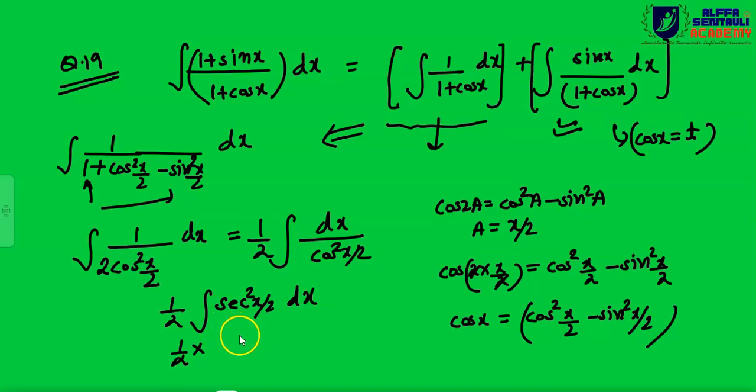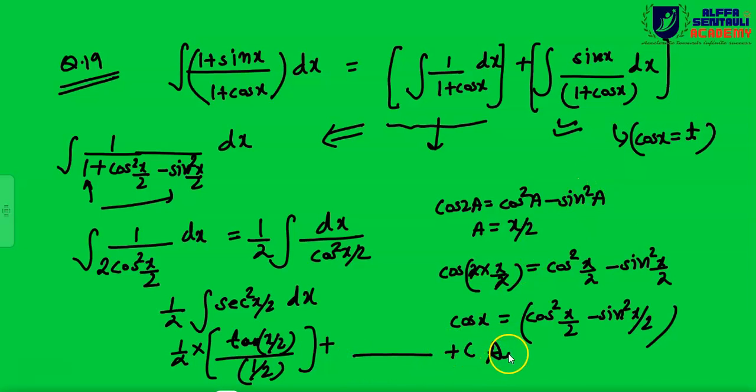Integration of sec square x by 2 is nothing but tan x by 2, and since 1 by 2 is in the angle, we have to divide by 1 by 2. Plus this other term. When you solve that question, you have to add this answer and then the final C. That will be your total answer.